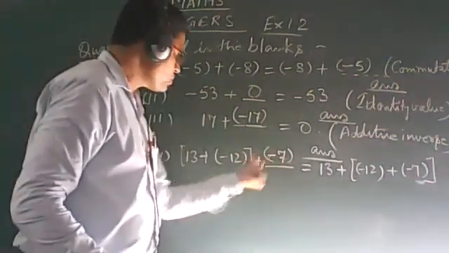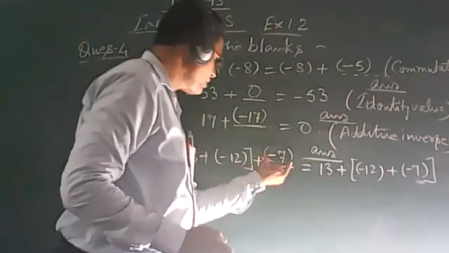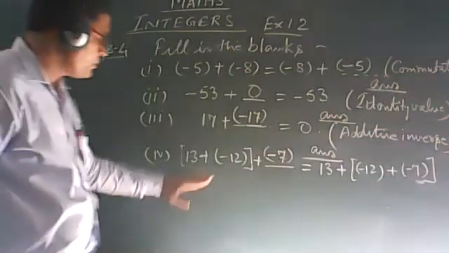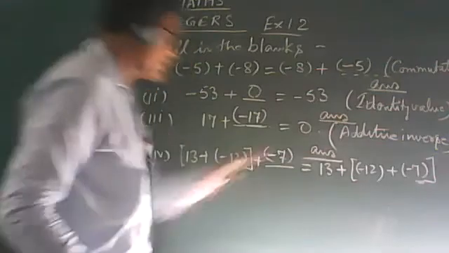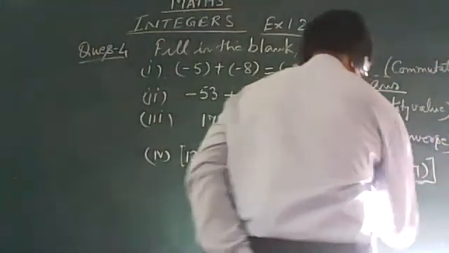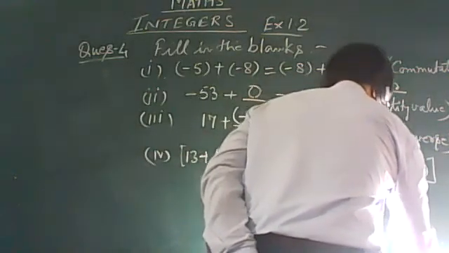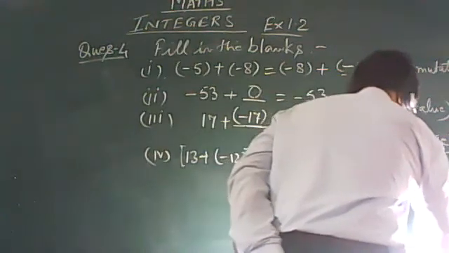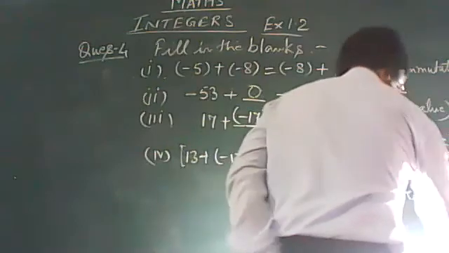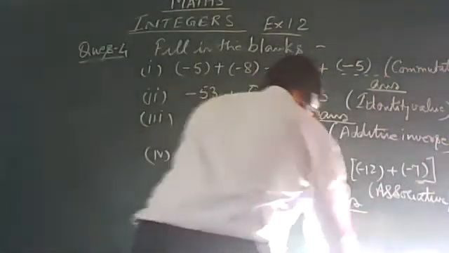Two signs cannot be written together, therefore if the number is negative, we write it in brackets. By the associative property, we put the value minus 7. Now we write the property, associative property, and the statement is true, and that is our answer.